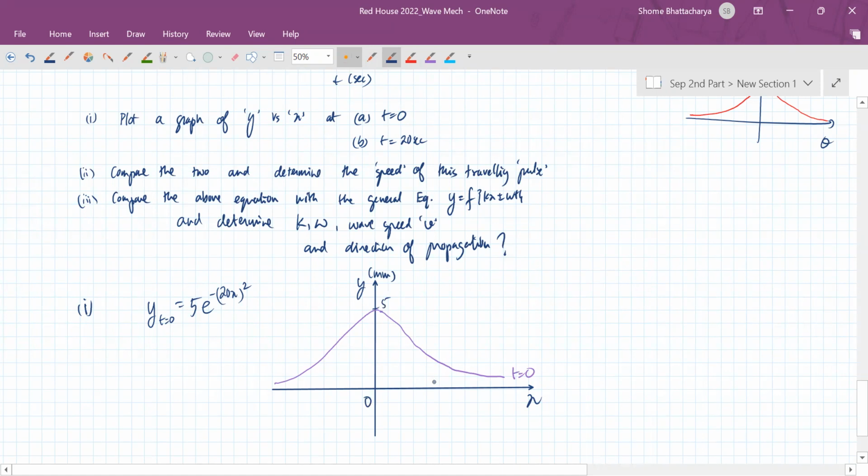And for example, at x equal to, now this x is in meters, so for example at x equal to 1/20th of a meter or 5 centimeters, you can see that this value would have become 5 by e square, because this term would have become 1.